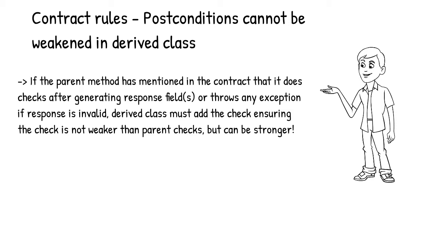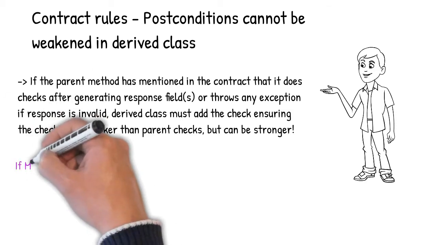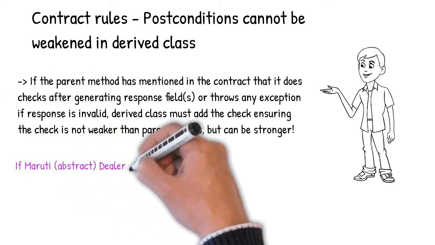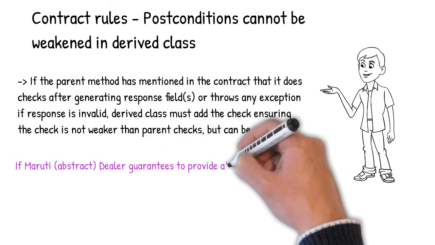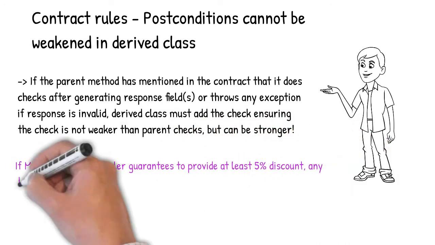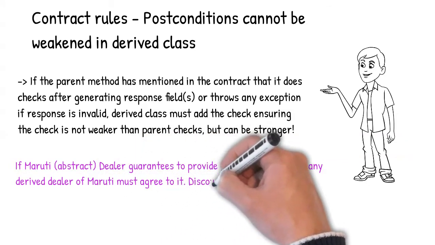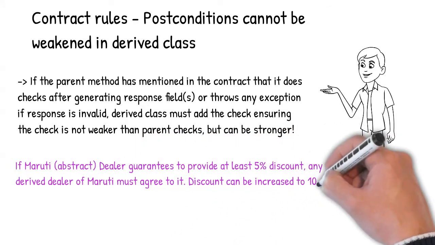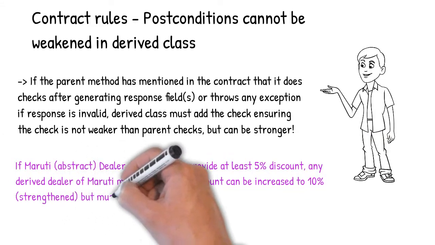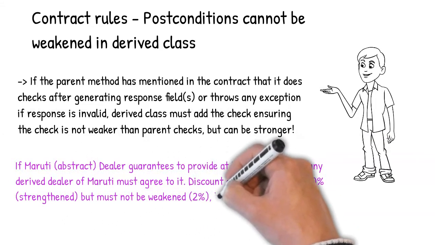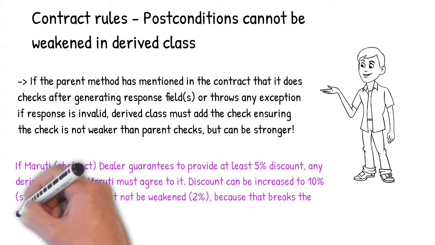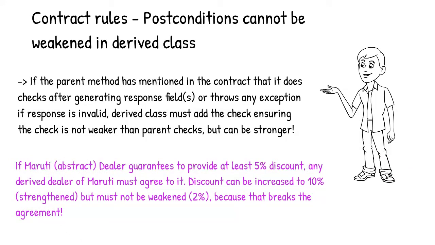They can of course be stronger than the parent checks. A simple example is when a Maruti dealer guarantees to provide at least 5% discount, then any derived dealer from Maruti must agree to it. The discount can be increased to 10% by the derived entities, but they cannot reduce it to less than 5%, because that will break the original agreement.